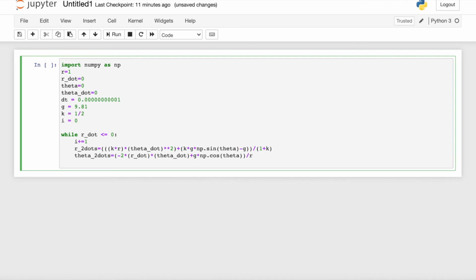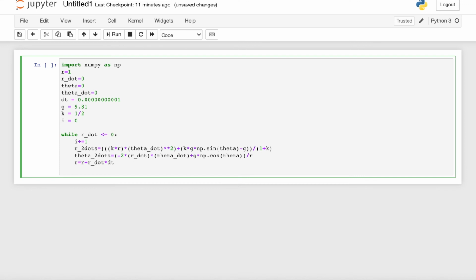And now how do we introduce that dt? How do we make this dynamic? We say r equals r plus r dot times dt, and r dot equals r dot plus r double dot times dt. So now this encodes how r changes as well as how r dot changes.